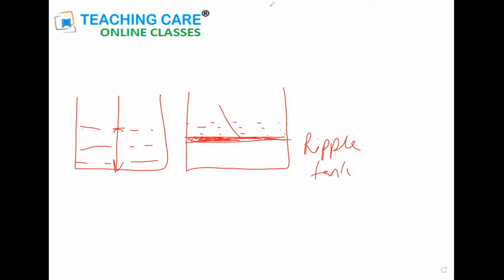So it has spent longest moving at a slow speed.